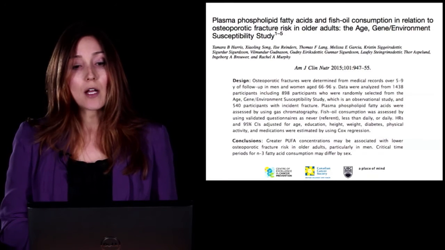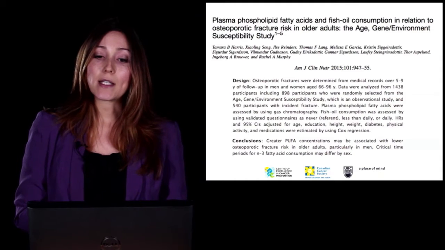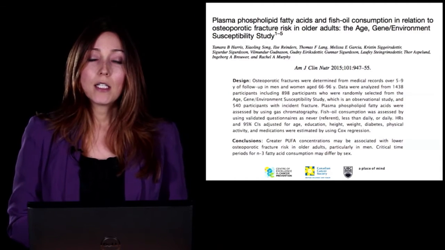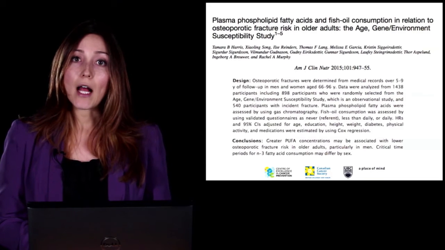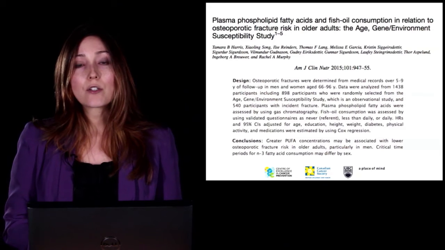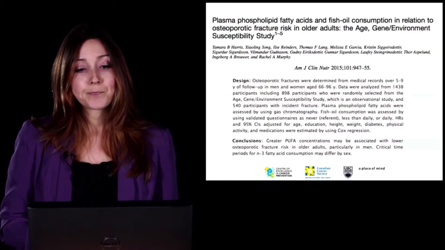So this is an example of testing an association. This is a study I led that was in a population cohort of about 1,500 older adults. Here we looked at a secondary analysis of plasma phospholipid fatty acids because we were interested to see if there was a relationship with fracture risk.